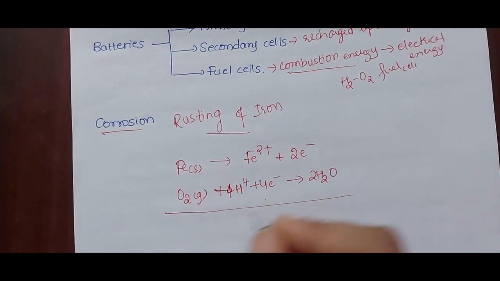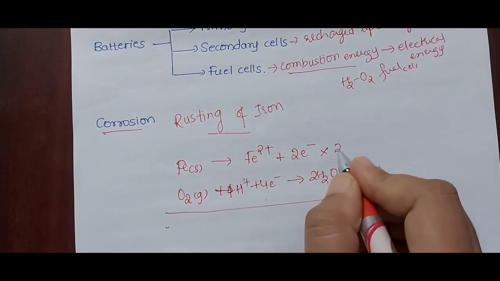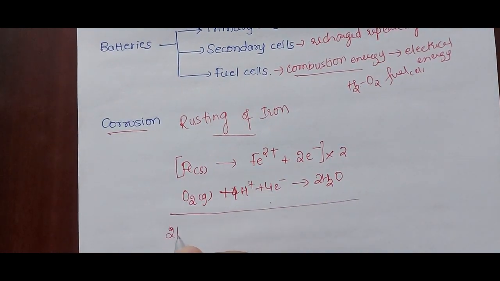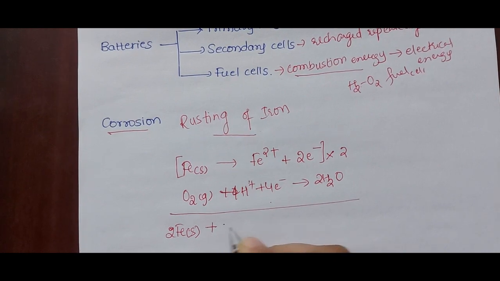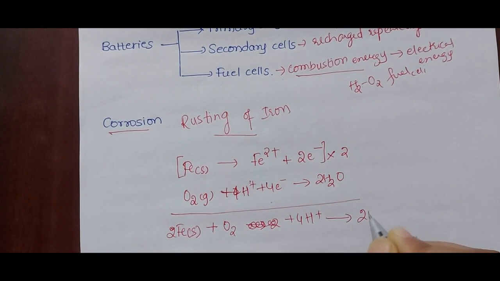Further, when we add these two reactions, just to balance the number of electrons lost and gained, we multiply the oxidation equation by 2. What do we get here? The final equation: 2Fe in solid state plus O2 plus 4H+ forming 2Fe2+ plus 2H2O.